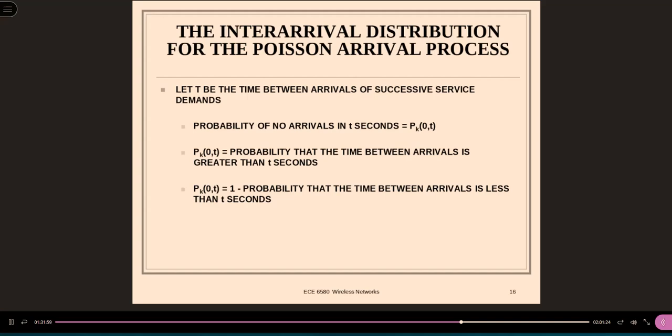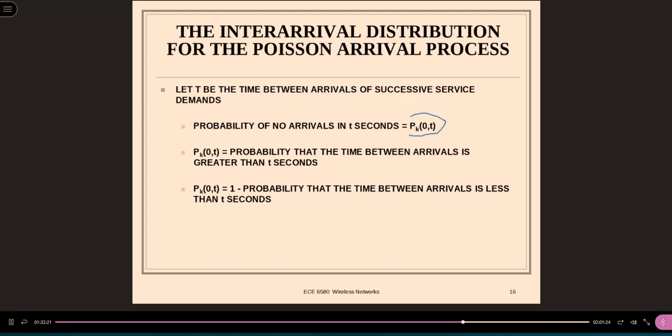But now we said earlier that there is another way to look at traffic, which is the time between arrivals, successive demands. And so now we say that the probability of no arrivals in t seconds is, of course, the Poisson distribution for k equals 0 in t seconds.